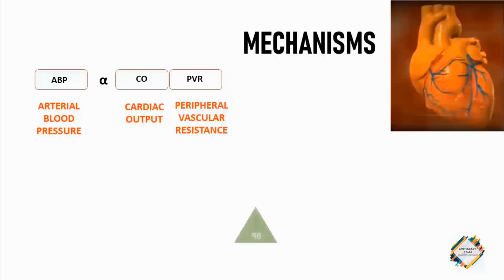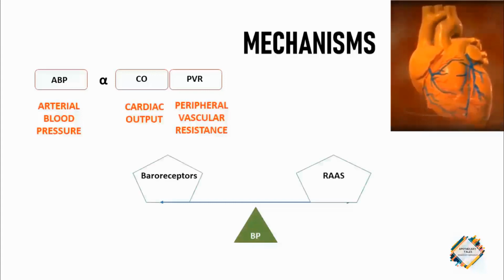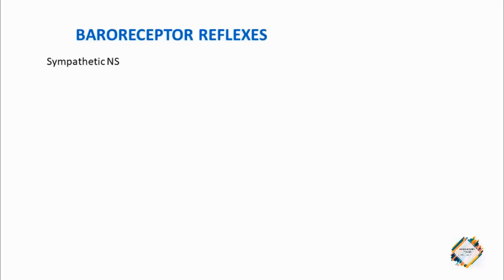So the two main mechanisms balancing the blood pressure are the Baroreceptor Reflexes and the Renin-Angiotensin-Aldosterone System. First, we'll be talking about the Baroreceptor Reflexes. These baroreceptor reflexes are usually governed by the sympathetic nervous system. So don't get confused with the parasympathetic nervous system.